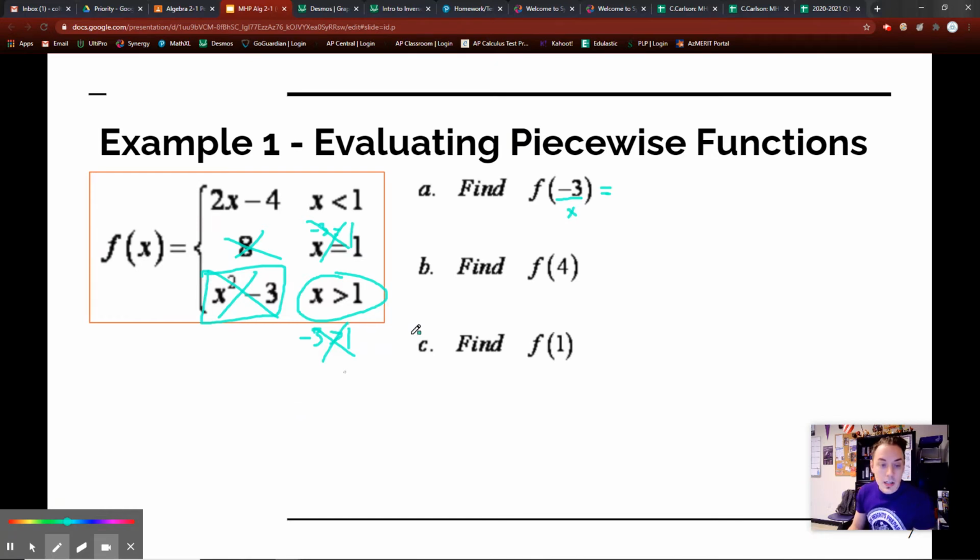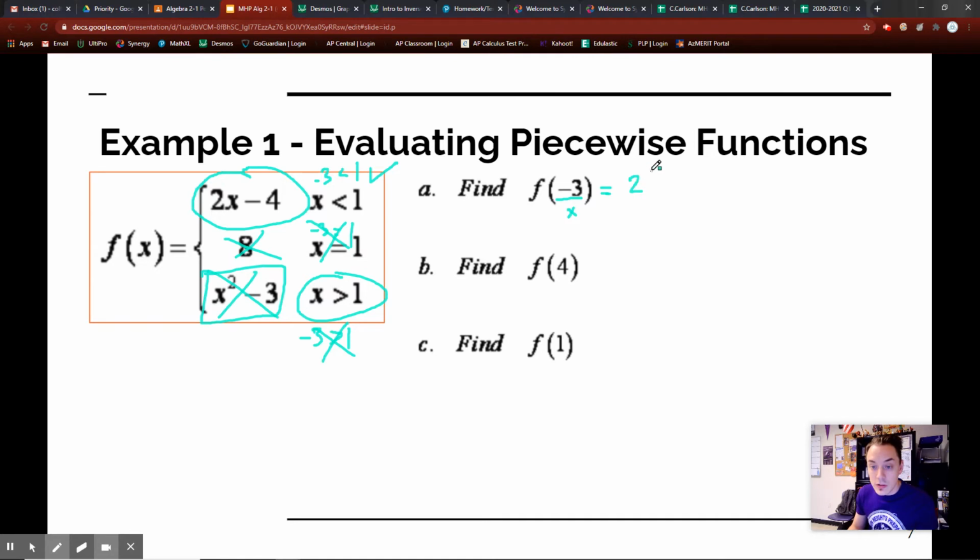So now I know, because -3 is less than 1, and since it checks out that condition, I'm not going to be using this one or that one. I'm going to plug it into that piece.